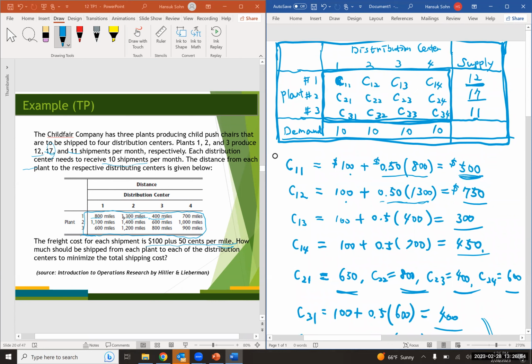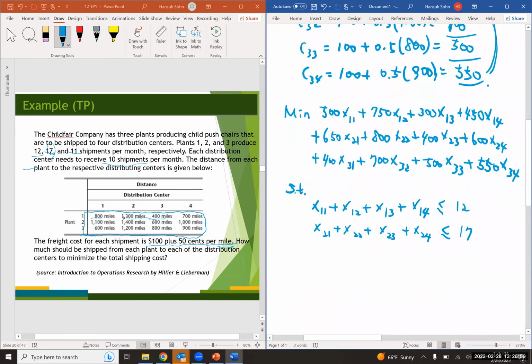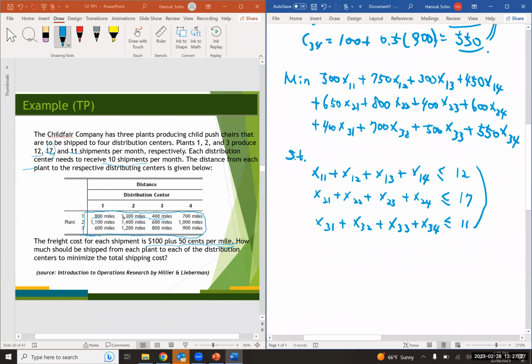Likewise, the third supply constraint, you're going to use a right-hand side value of 11, has to be less than or equal to the summation of x variables, x31, 32, 33, and 34. Since we have these three suppliers, we must have three supply constraints. Next, we can move on to the demand constraint.